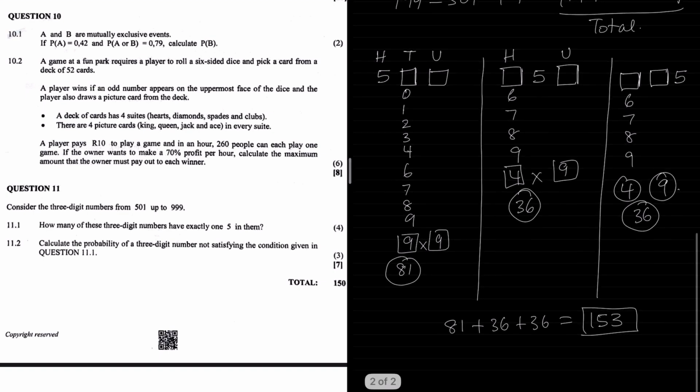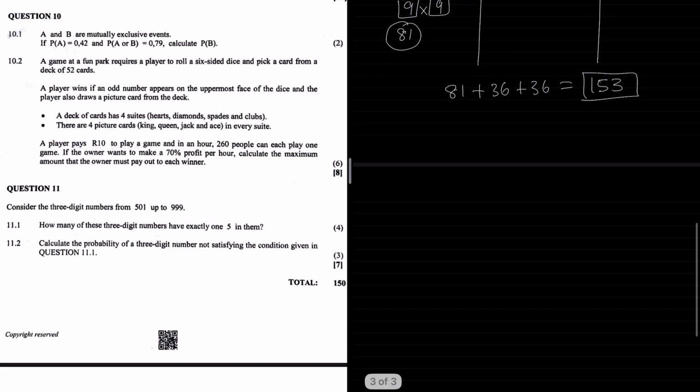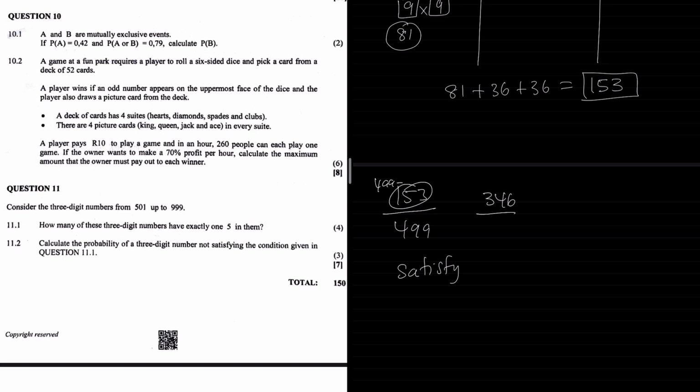And then moving on to the last question, calculate the probability of a 3-digit number not satisfying the condition. So if 153 out of 499 satisfy the condition, that means 499 minus 153 is 346.